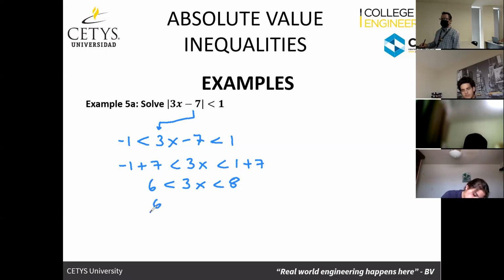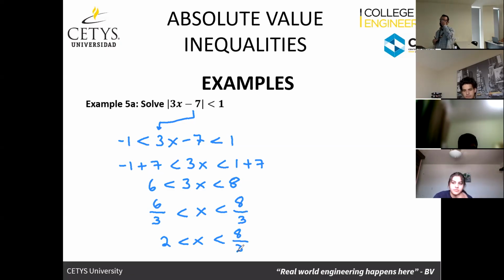It's going to be equal to 6 divided by 3 < x < 8 divided by 3. And in the end, what we're going to have is 2 < x < 8/3.